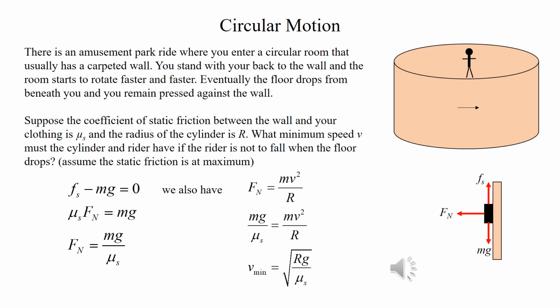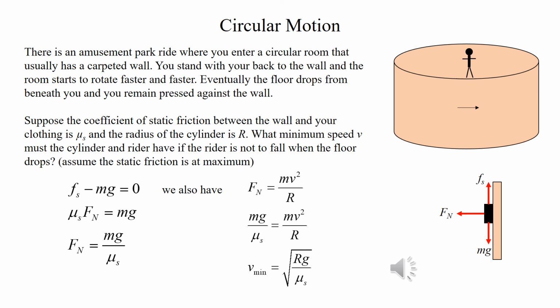We're going to assume that the static friction is at its maximum, so we can get the minimum speed necessary to keep us stuck to the wall. So the maximum static friction is the coefficient of static friction, mu sub s, times the normal force, and that will equal mg, or the normal force equals mg over mu sub s.